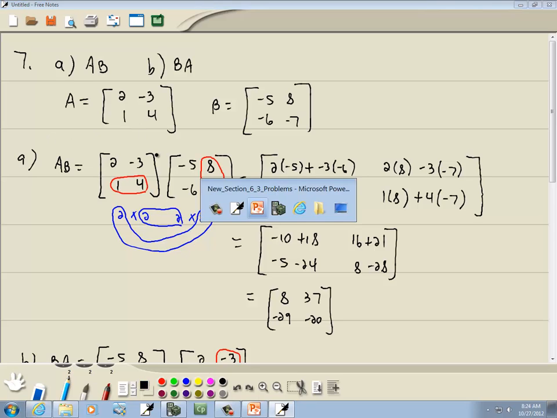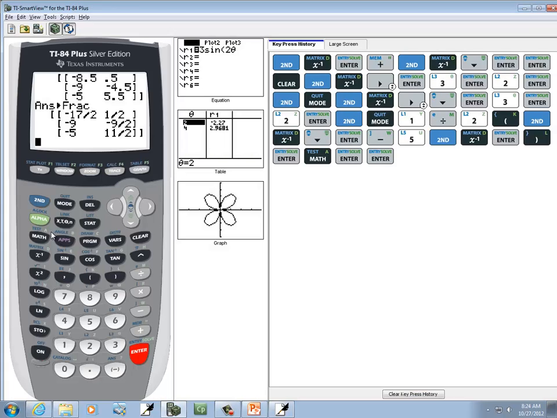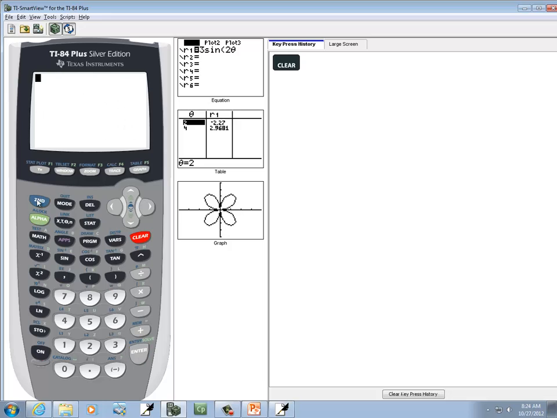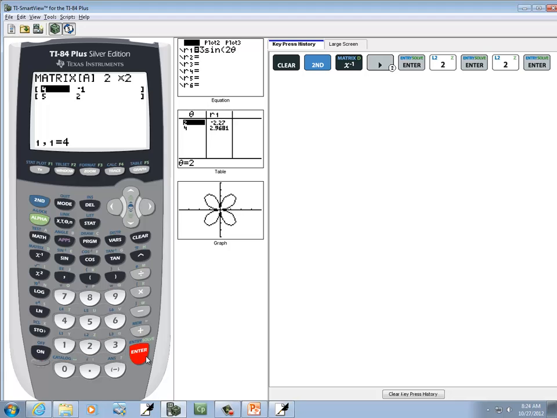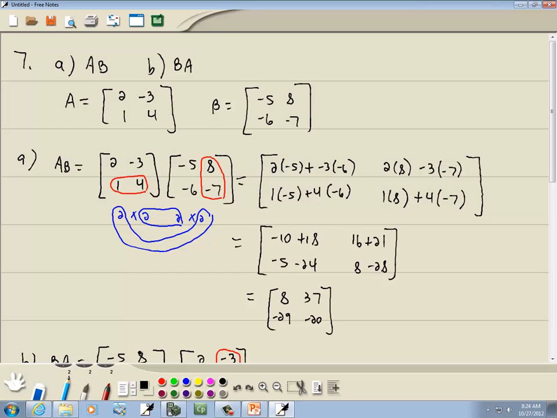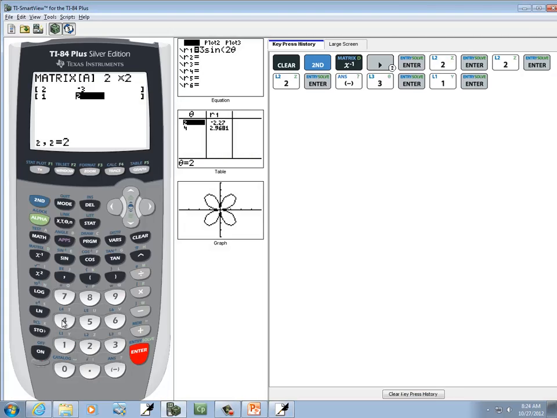Okay, let's do this in the calculator. So I'm going to go to my matrix menu and enter these in. So I do second x -1, right arrow over to edit, enter on A. It's a 2 by 2, so I do 2 enter, 2 enter. And we got 2 enter, -3 enter, 1 enter, 4 enter. I'm going to exit out now.